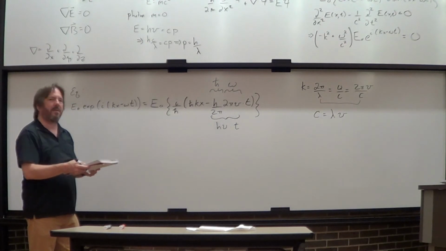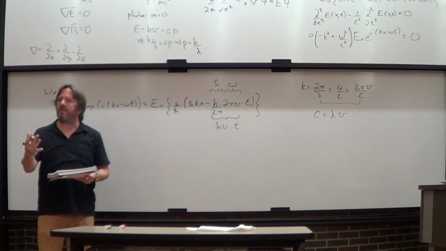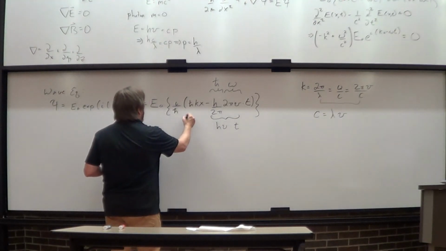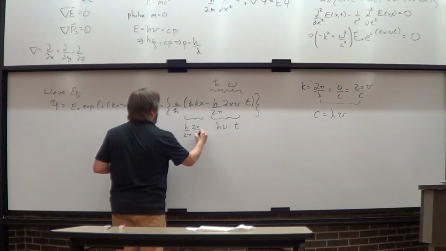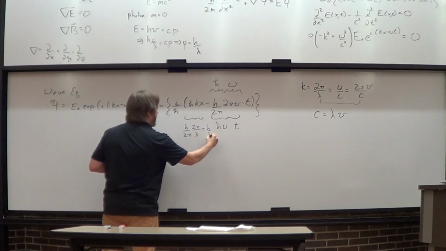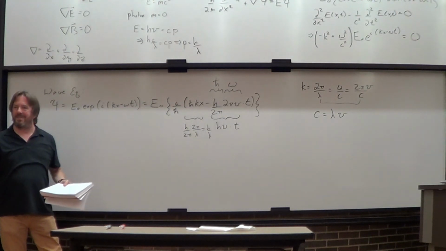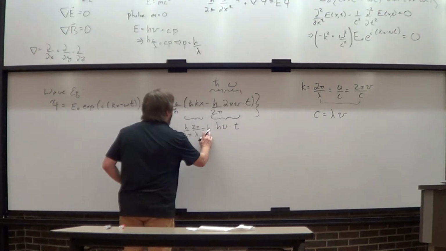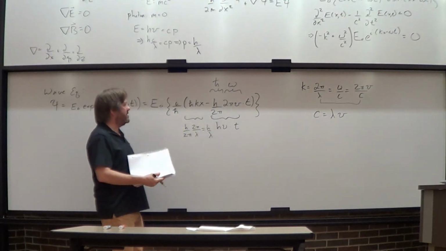You can prove that: h bar is h over 2 pi, and k is 2 pi over lambda. So this ends up being h over lambda, which is momentum. So notice that you've got this thing with momentum and energy in it.